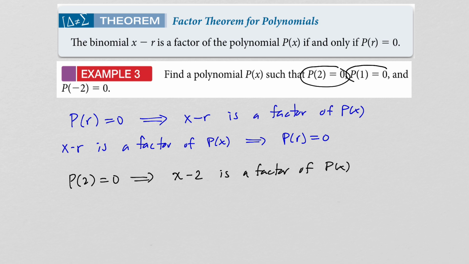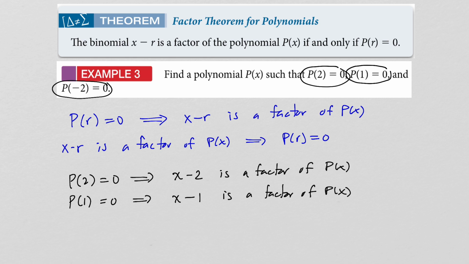The next one says p of 1 is equal to 0. Well, if p of 1 is equal to 0, this implies that x minus 1 is a factor of p of x. And finally, p of negative 2 equals 0.